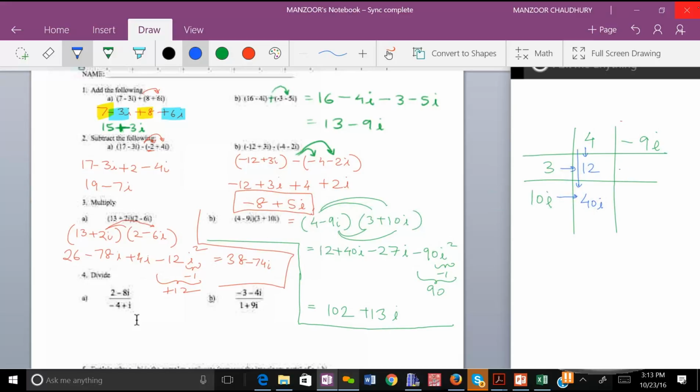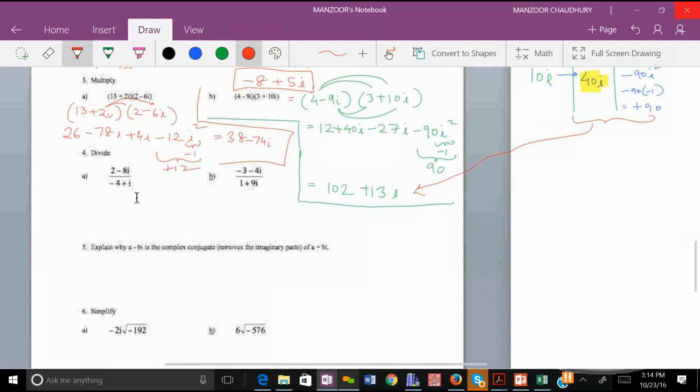Same thing, there's a minus 27i, and this one becomes minus 90i squared, which is minus 90 times negative 1, which is positive 90, right? Then you add up these. Any confusion? No, that's good.